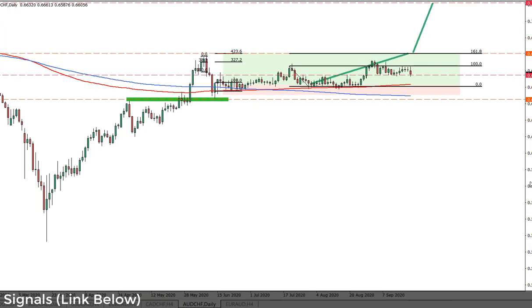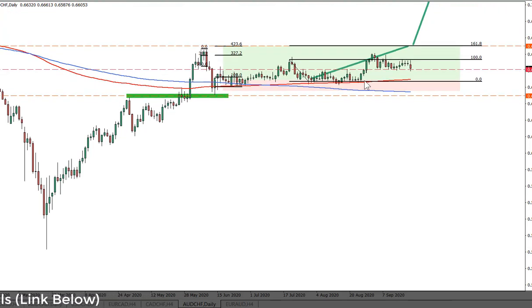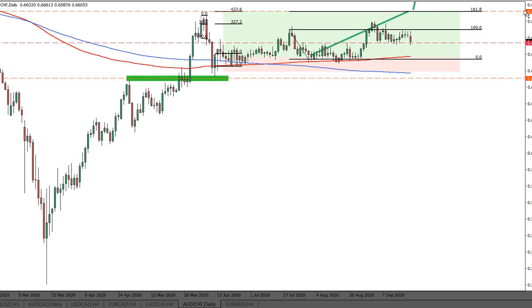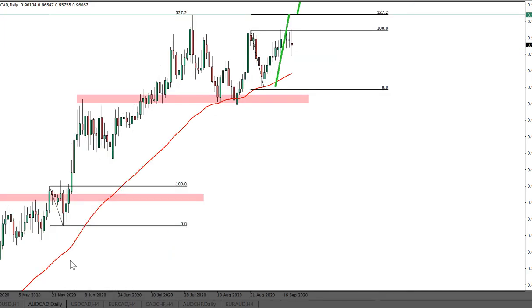I might be doing yet another analysis for the Australian Swiss franc tomorrow to see more precise levels, but all in all, guys, this seems like an uptrend as well, an uptrend continuation, especially considering that the support is being rejected.